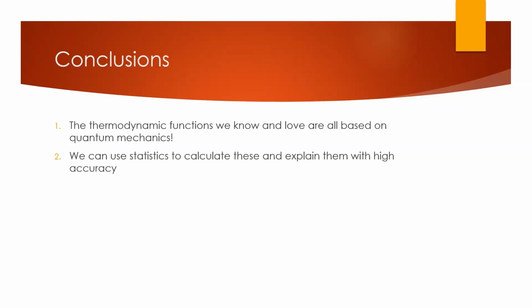And we can use statistics and quantum mechanics to put these together and actually calculate very accurate thermodynamic functions without considering the bulk properties. So we only have to know how monatomic gases behave, and we can predict the ideal gas law and so forth. So this is a very powerful technique, a very accurate technique that gives us a large degree of understanding into the way in which chemistry fundamentally works.